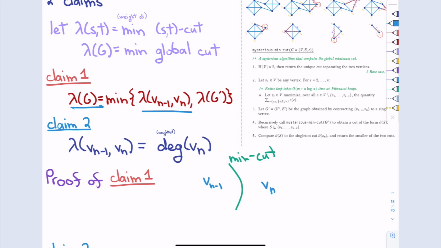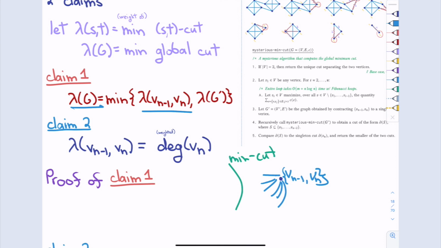On the other hand, if they were on the same side of the minimum cut, originally they're two different vertices with different sets of edges. But if I collapse those two into the same vertex, a mega vertex that combines the edges, the minimum cut doesn't change.